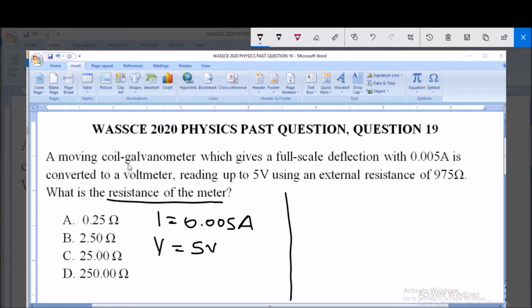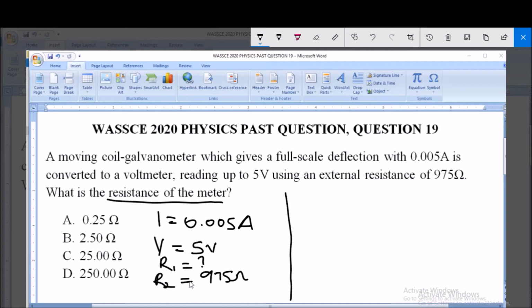Now, in the conversion of a galvanometer to a voltmeter, a multiplier, which is an external resistance, is applied, and that resistance is known as R2. R2 is equal to 975 ohms. Now, the internal resistance of the galvanometer is known as R1, which is what we are asked to look for.